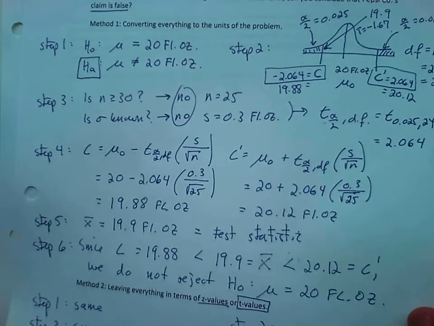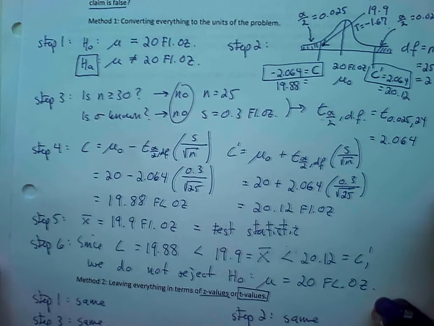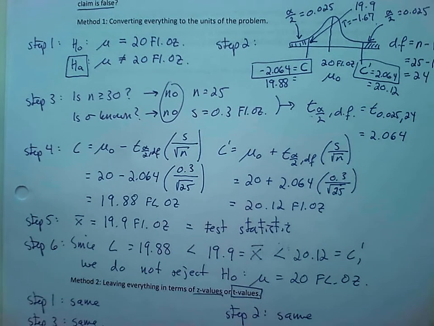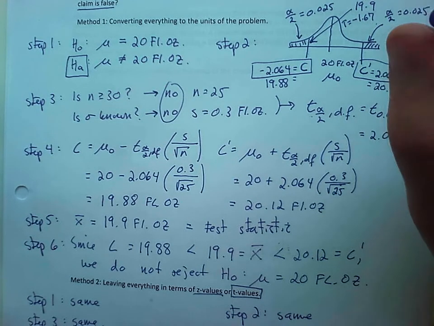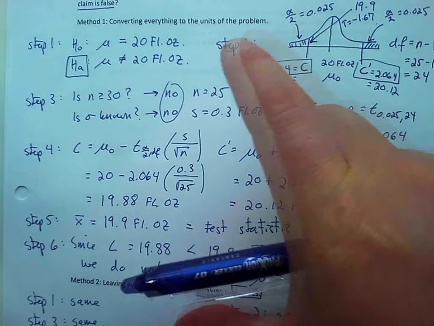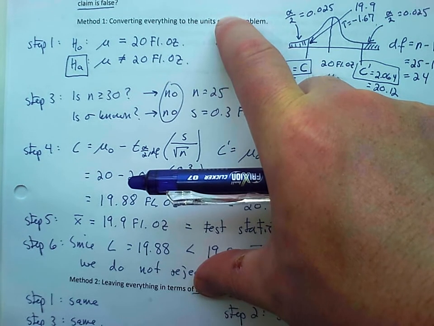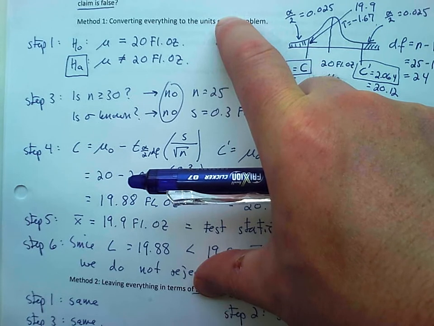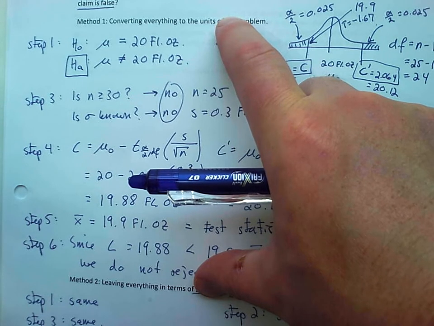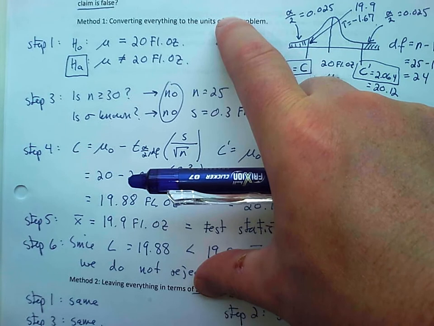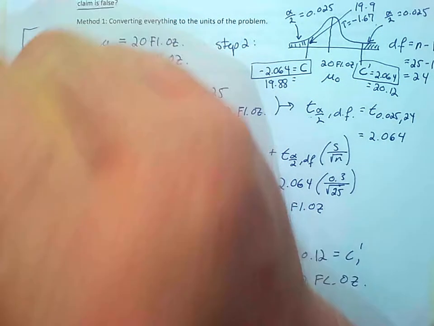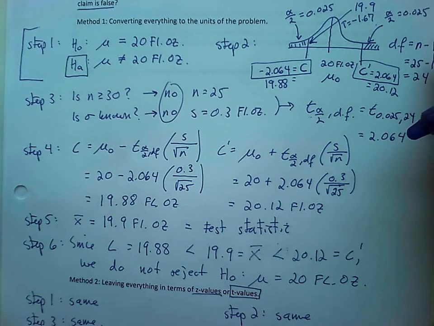So before I get into example number 4, let me backtrack here. And let me show you, if these are multiple choice questions, what these multiple choice questions are typically going to be phrased as. Usually one of these methods here is going to be phrased as either 2 or 3 multiple choice questions, if it's on the multiple choice section of the exam. One of those multiple choice questions is usually step number 1, to write down the null and the alternative hypothesis.